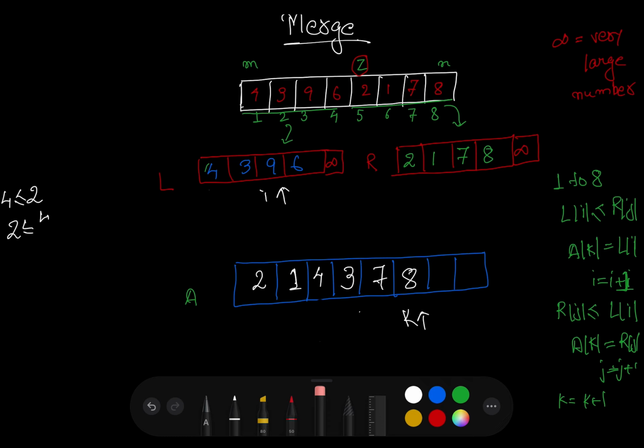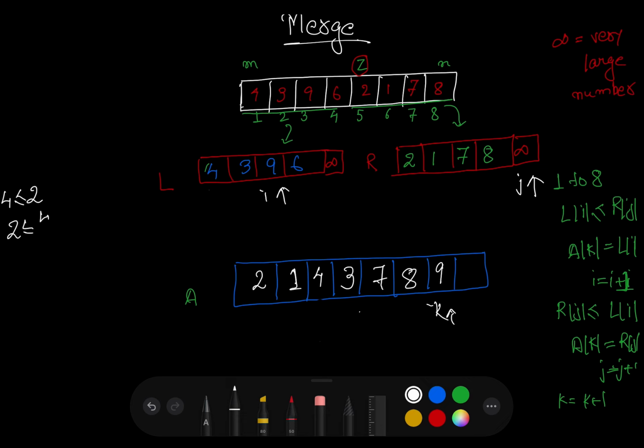So this j comes to here. Now i will remain here, and k also moves down to the next place. So now 9 is greater than infinity? No, 9 is not greater than infinity.